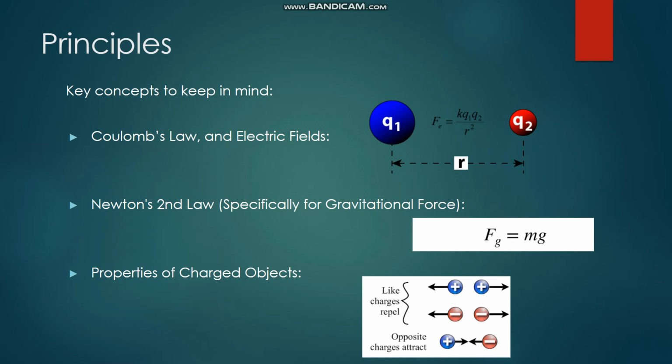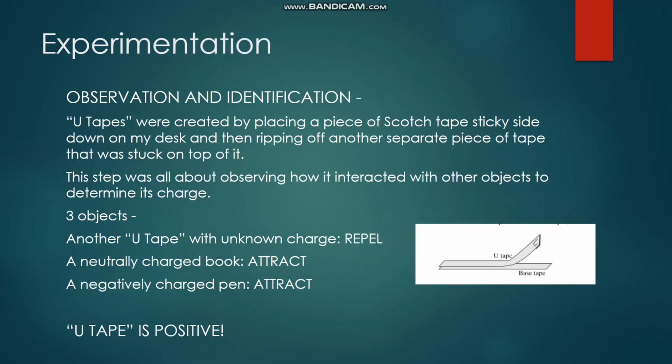And finally, probably the most important thing is the properties of charged objects: like charges repel, opposite charges attract, and neutral objects can get an induced dipole as a result of other charges.